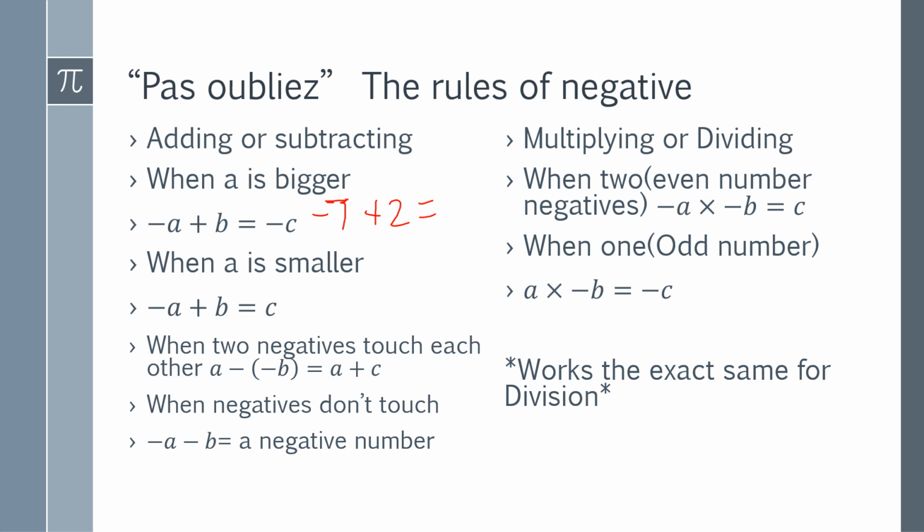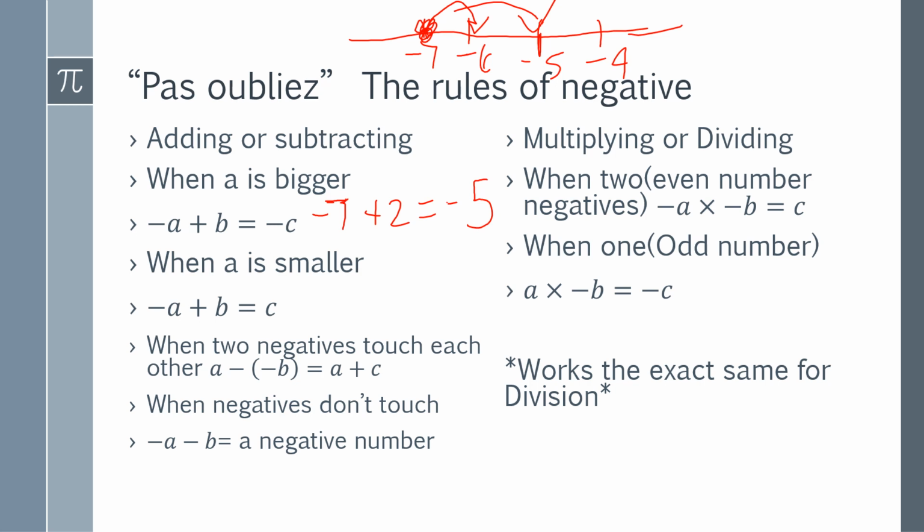So if I'm at negative 7, don't forget to draw your number line. And then if I go up 2, because I'm moving in a positive direction, which is right, negative 6 is 1, negative 5 is 2, so the answer would be negative 5.